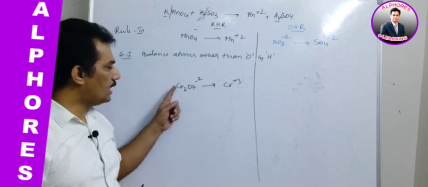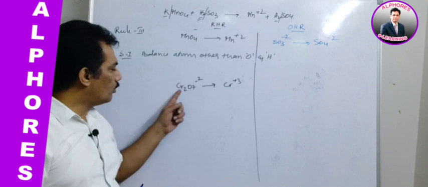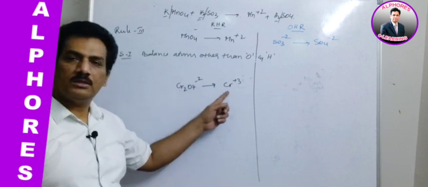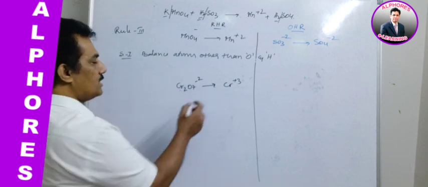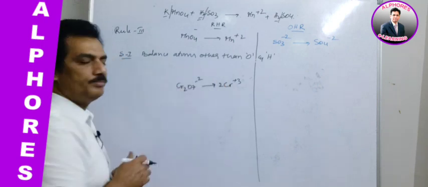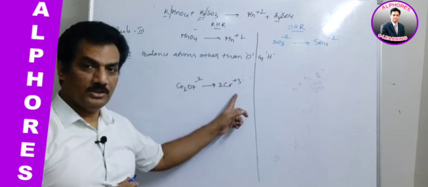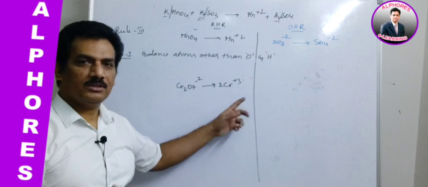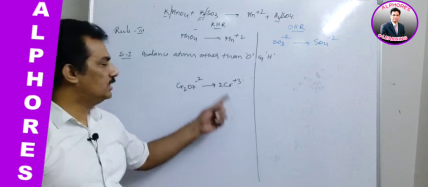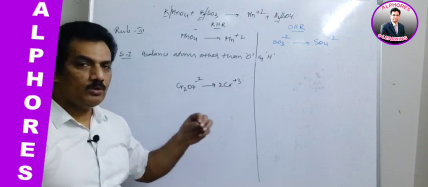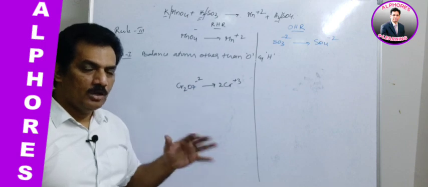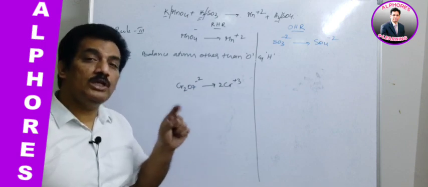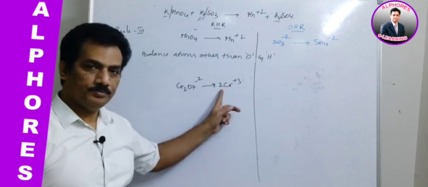So when chromium atoms are 2, here this side only 1, we have to balance this by taking 2 in number, not Cr2. Just remember, Cr2 doesn't exist here, it is 2 Cr. That means to balance any elemental atom, we should always use only the coefficients.